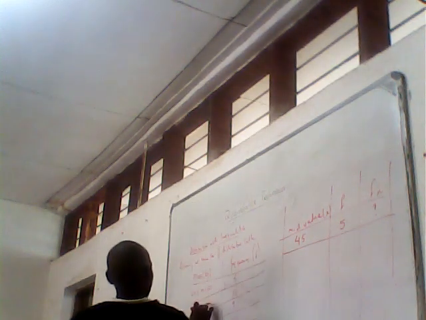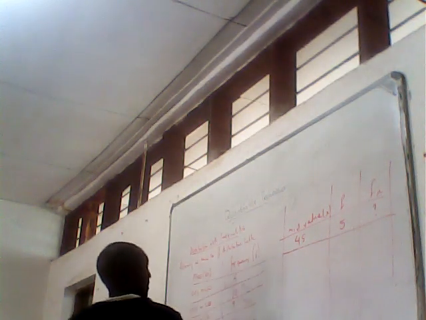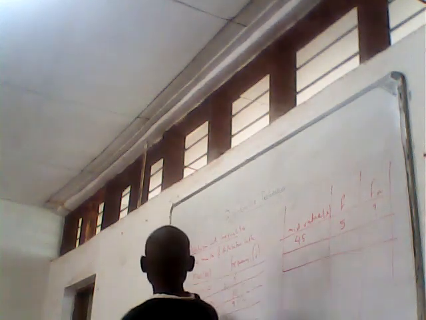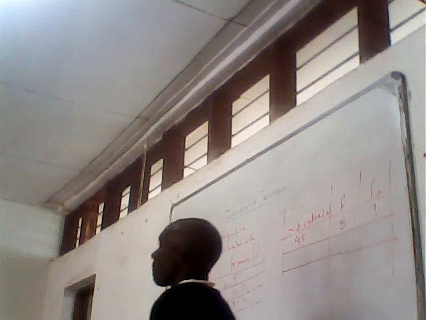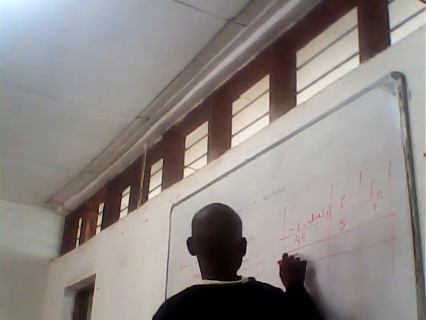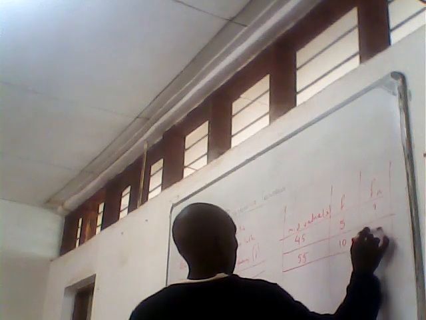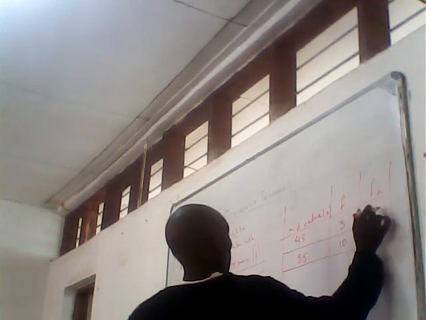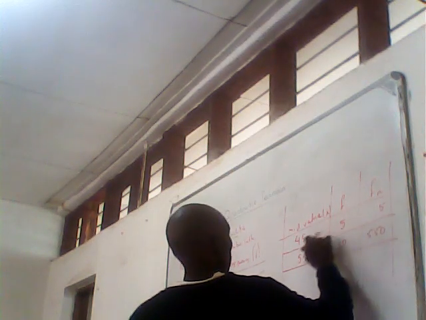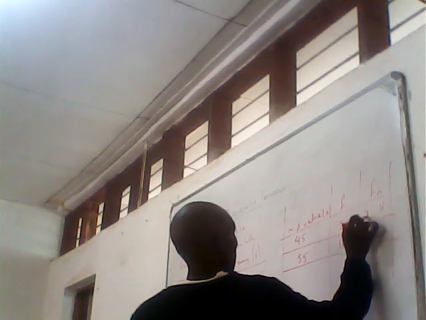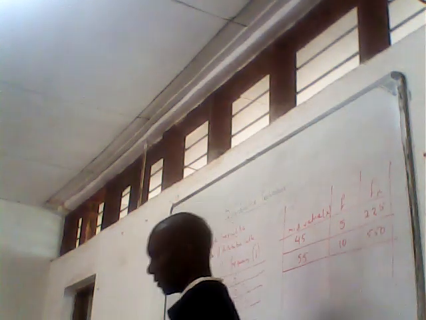Here, 50 and 60, add the two, 110 divided by 2, which is 55. Here, 10 times 55 is 550. Here is 5, 20, 22, something like that.